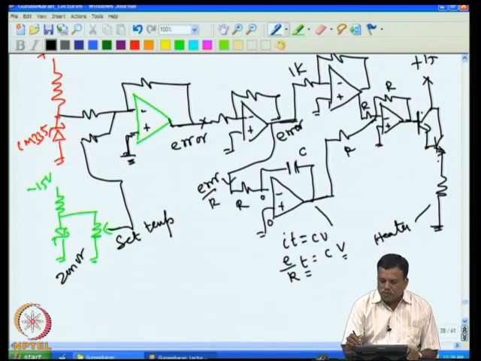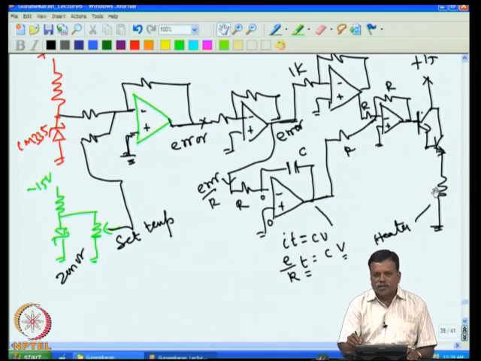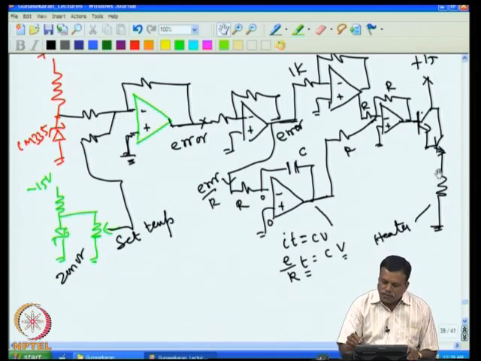That means if 20 volt change occurs at this point, we know that the temperature will change by 100 degree C. We found this out experimentally, there is no other way. So 100 degree change requires 20 volt change here, and that 20 volt change has to take place with 10 millivolt change here.